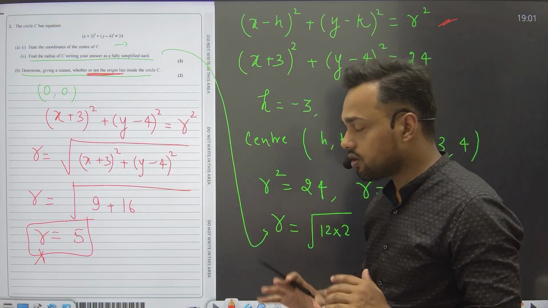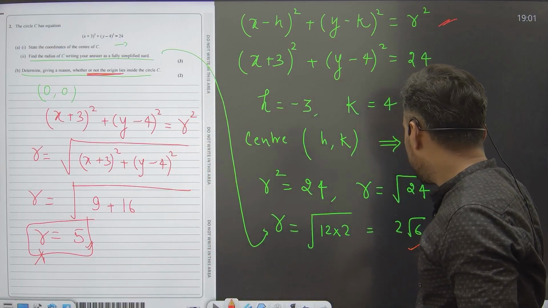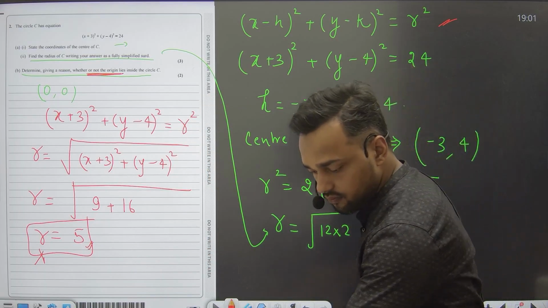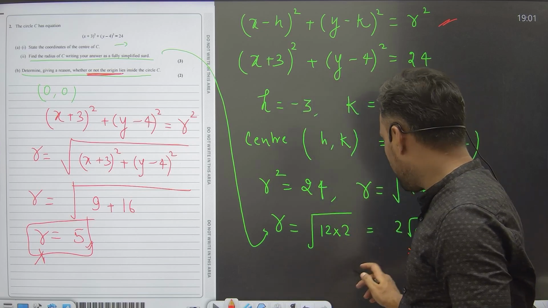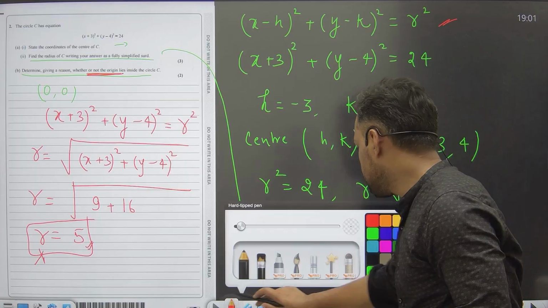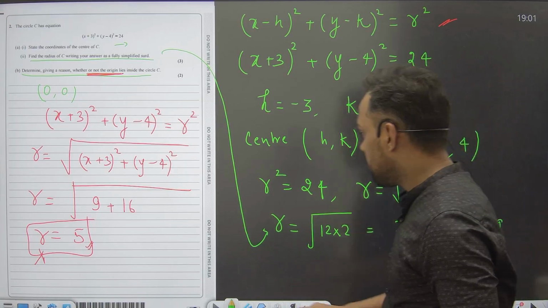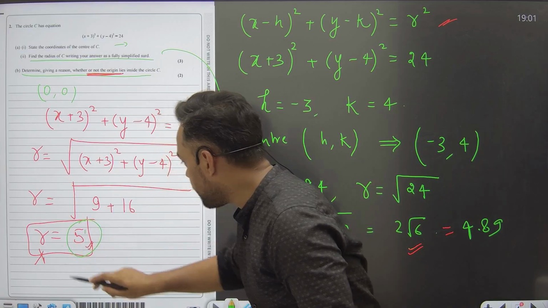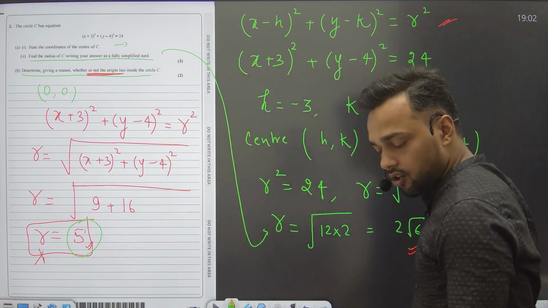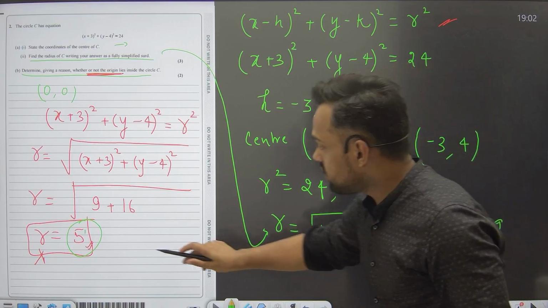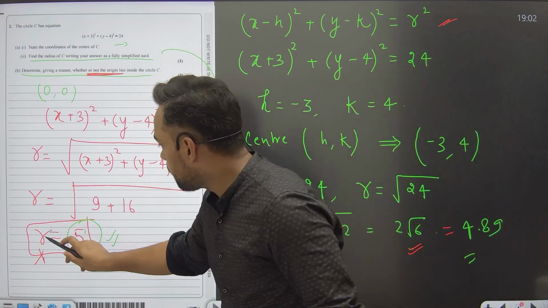Don't get confused here. Now you can see that here it is 5 and here this is 2 root 6. What is 2 root 6? I will tell you, it is 4.89. So this is 4.89 and the value which we have got is 5. So we can say that this value is bigger than the radius. Don't get confused, I will mark it as r dash.